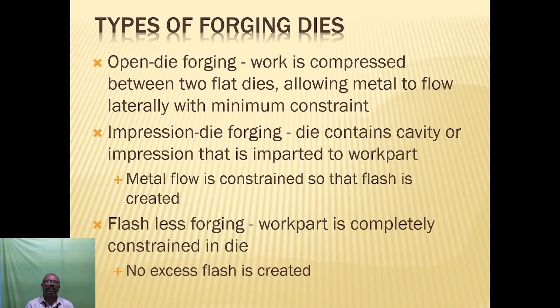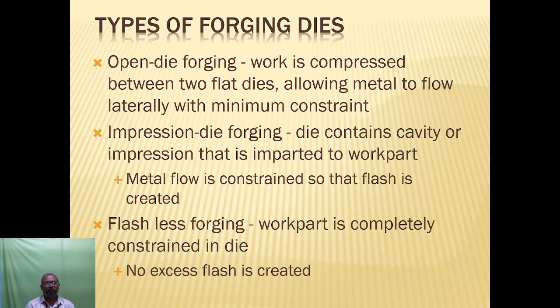Types of forging dies. The dies used in forging can be classified into open die forging, impression die forging, and flashless forging. In open die forging, the work is compressed between two flat dies, allowing metal to flow laterally with minimum constraint.